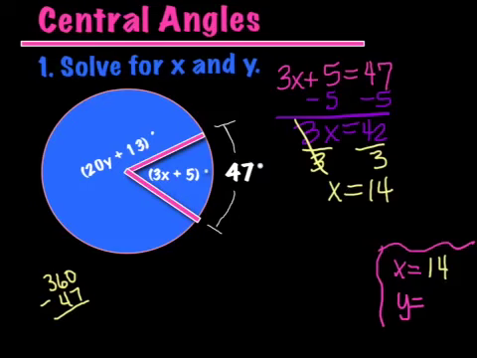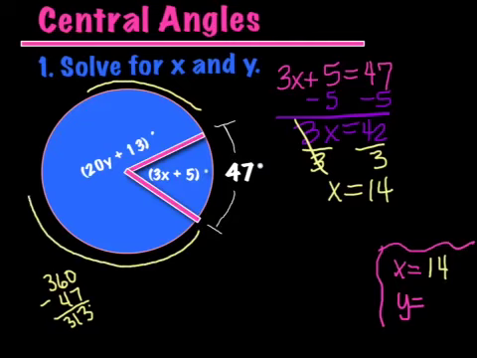And that's going to give us 313 degrees. So we know that this arc right here, this whole thing, is 313 degrees. So that's going to help us set up our next equation.